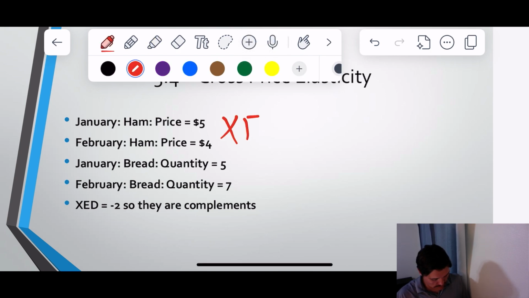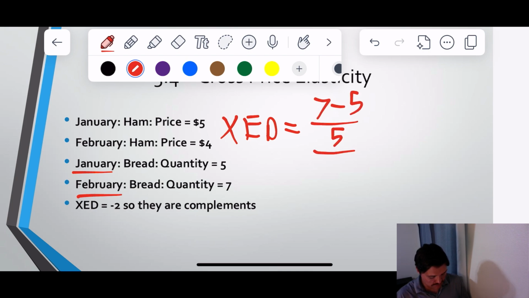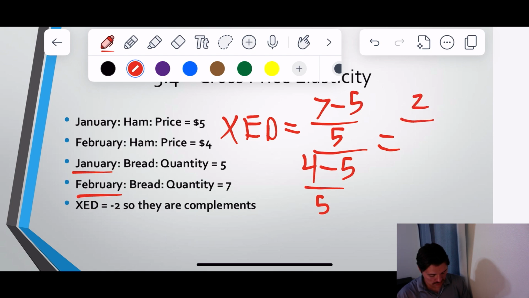So we need to look at the percent change in the quantity. And it's new minus old, so February minus January. So we'll do 7 minus 5 over 5. And then the change in price is new minus old divided by old. New is February, okay? So 7 minus 5, which is 2 over 5. 4 minus 5 is negative 1 over 5, right?